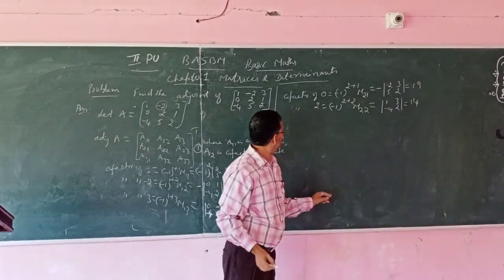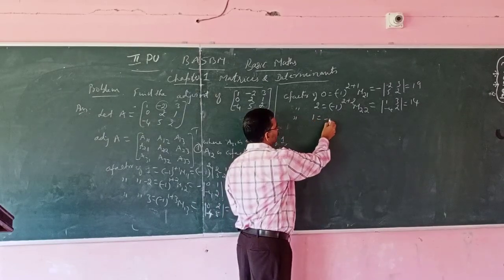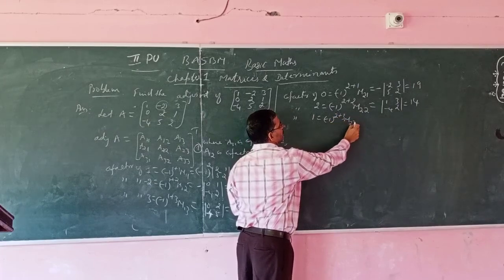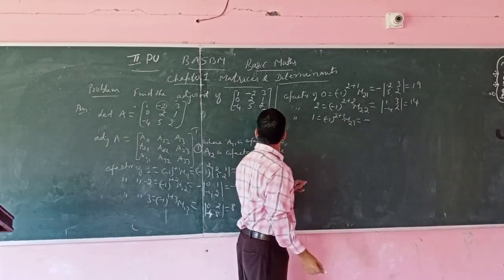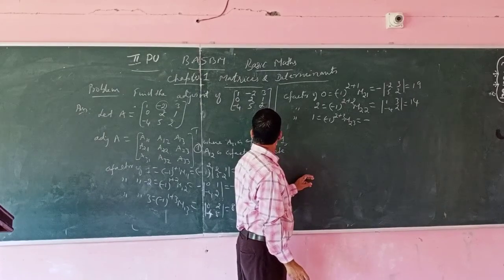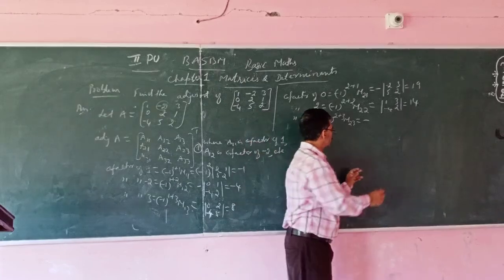Next one, cofactor of 1 equal to minus 1 to the power 2 plus 3, m23. So it is minus sign. Cofactor of 1 means you will take determinant of 1 minus 2, minus 4 5.